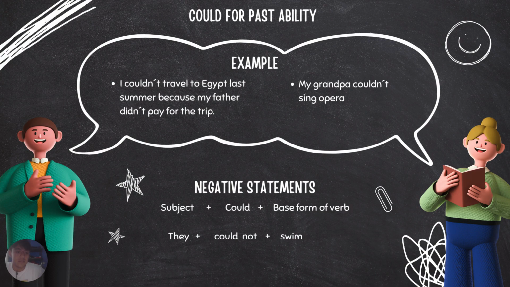So the negative is subject, could not, base form of the verb. For example, I couldn't travel to Egypt last summer because my father didn't pay for the trip, or my grandpa couldn't sing opera.